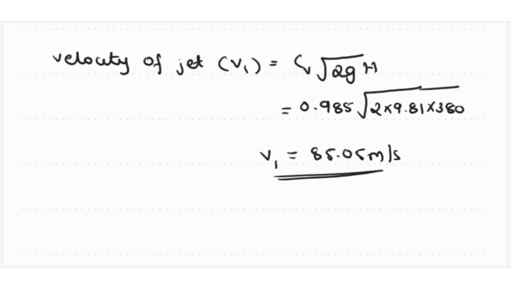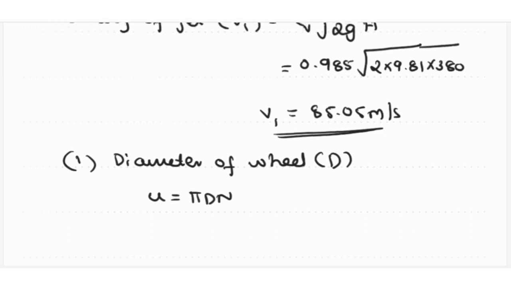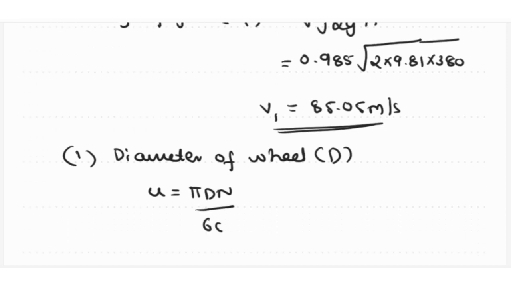n is known. So we can calculate the diameter of wheel using the formula. First one is diameter of wheel. Using formula u is equal to pi D N divided by 60.